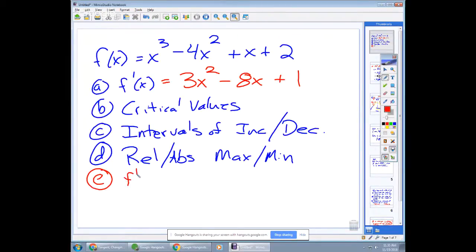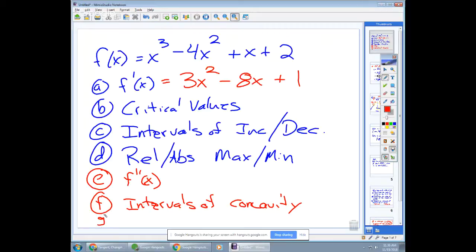Part E is to find the second derivative, part F is to find the intervals of concavity, and part G is to identify the inflection point. Okay, so find the second derivative. That's not too bad here. 6x minus 8. Excellent.